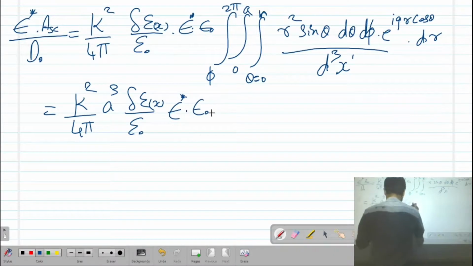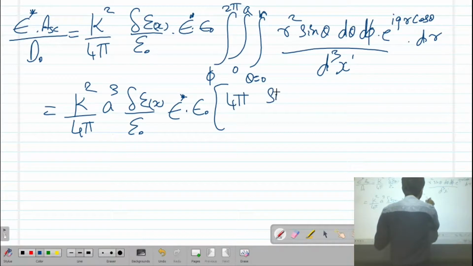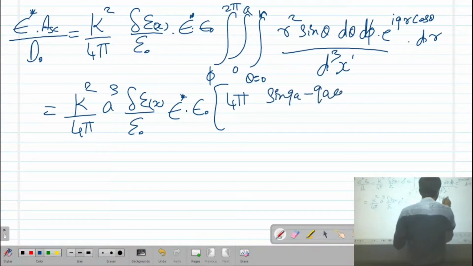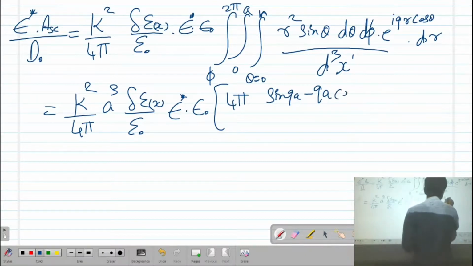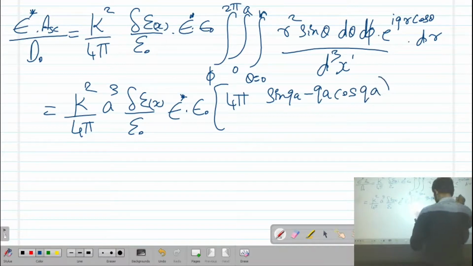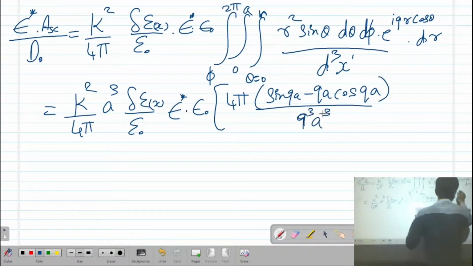Over here it will have 4 pi, times sine qa minus qa cos qa divided by a cube.